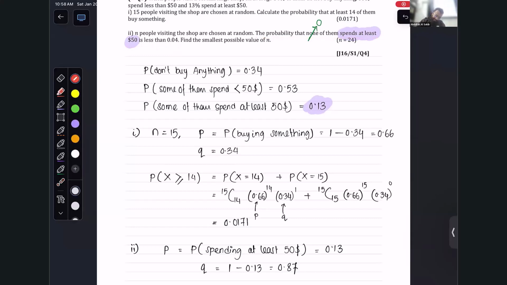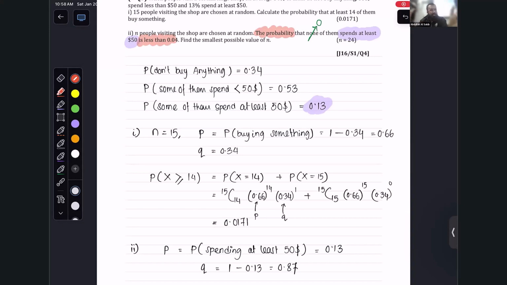The probability is the subject and "is less than 0.04" is the object. That means the probability is less than 0.04. That is our 0.04.